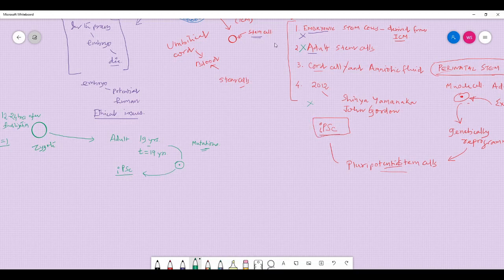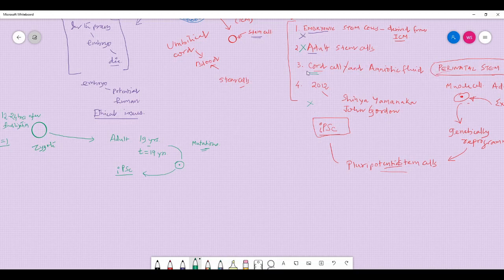Both have the same problem, because adult stem cells may have undergone mutation, and induced pluripotent cells also may have undergone mutation. So then, which is the best source? The best source would be a cord cell derived perinatal stem cell. It doesn't have these problems.